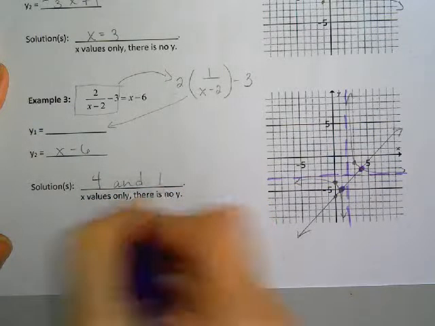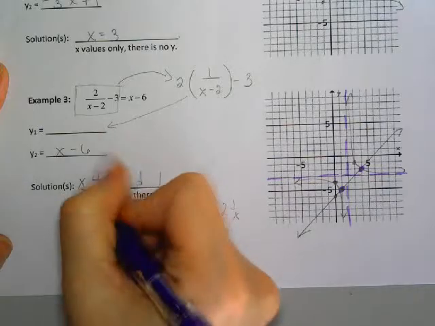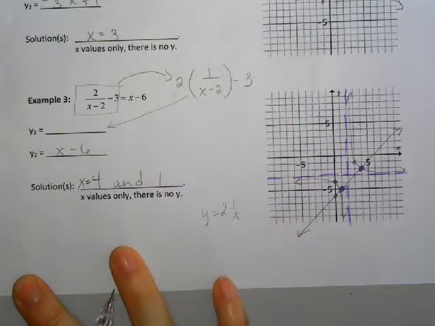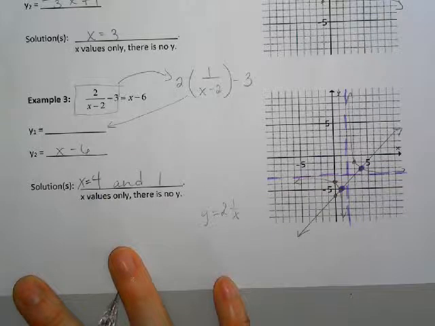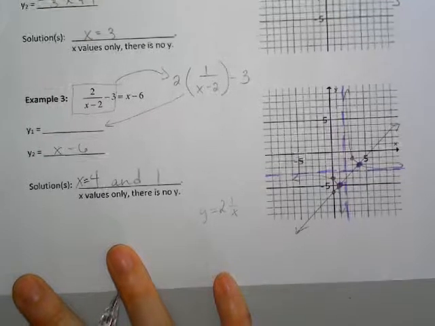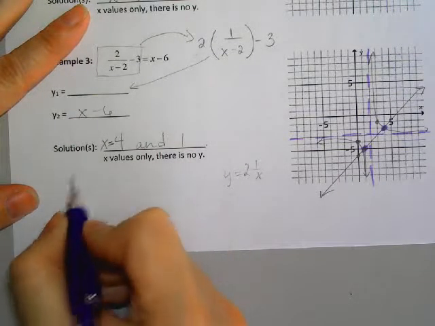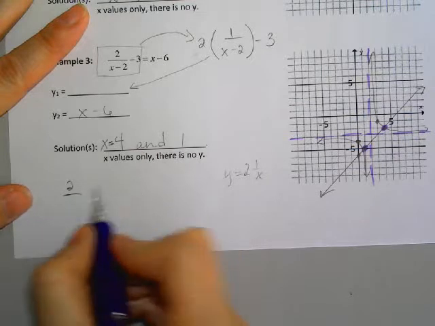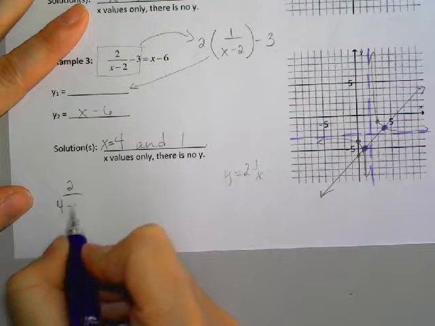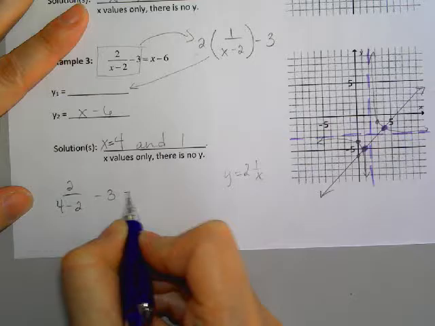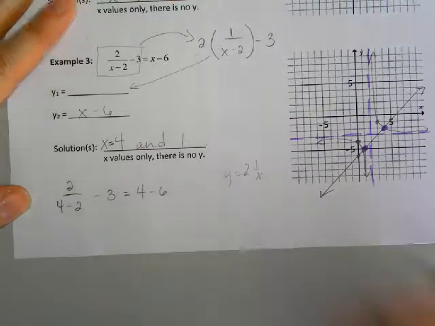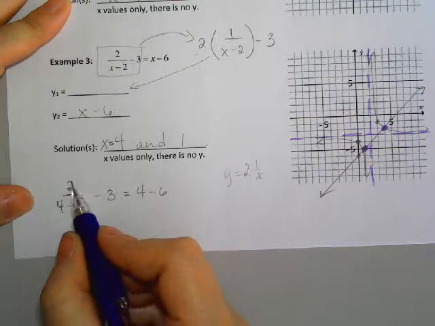And if I wanted to check my solutions, what would I do? If you don't have a calculator, because you won't have a calculator on this part of the test. Plug it in for x. So if I put 2 over 4 minus 2, minus 3 equals 4 minus 6, so I'm checking the 4 right now.